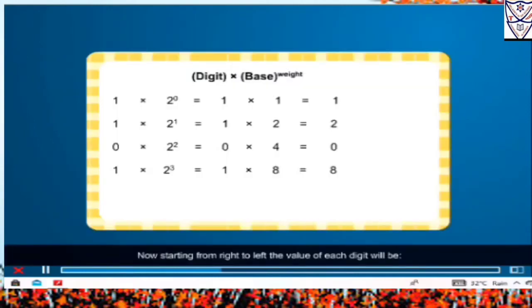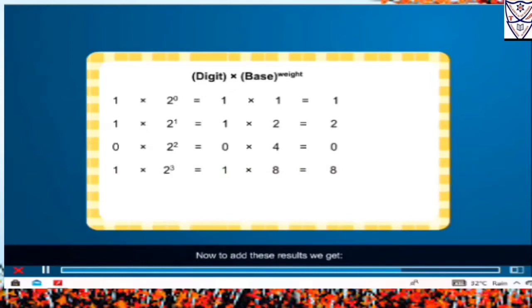Now starting from right to left, the value of each digit will be digit into base raised to the power weight. 1 into 2 raised to the power 0 equal to 1 into 1 is equal to 1. 1 into 2 raised to the power 1 is equal to 1 into 2 is equal to 2. 0 into 2 raised to the power 2 is equal to 0 into 4 is equal to 0. 1 into 2 raised to the power 3 is equal to 1 into 8 is equal to 8.